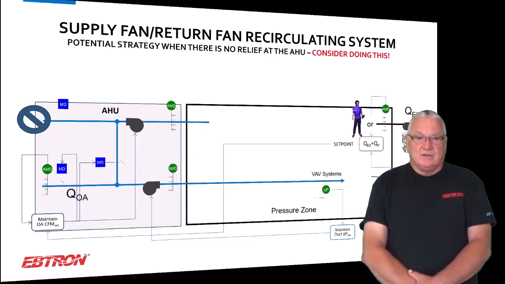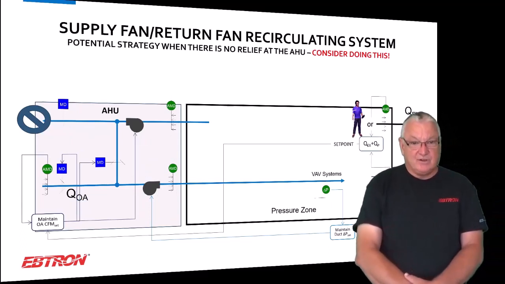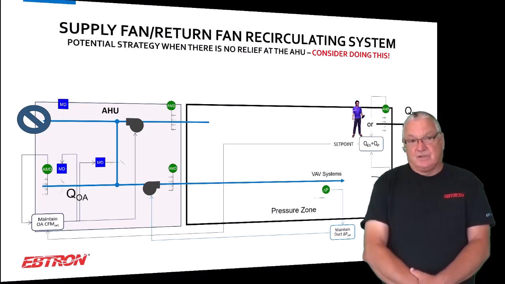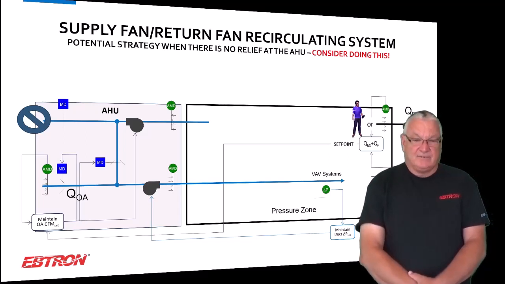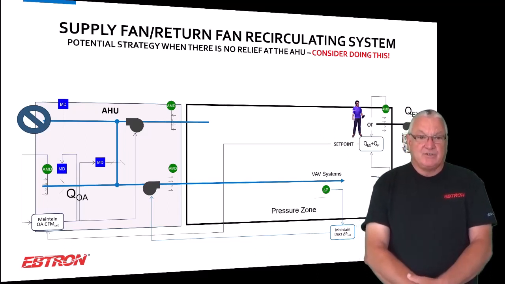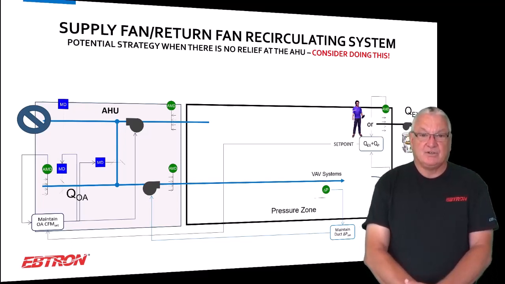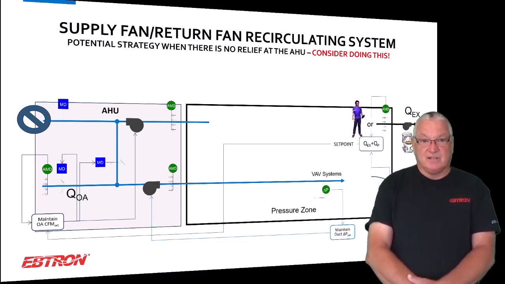What you want to do is, I call it, make the return fan your friend. And here I'm doing it with the outside airflow meter. You could have done it with the differential. It doesn't make any difference to me, except that the outside airflow measurement, even if it was 5 or 10% of reading, is typically more accurate than the differential of even plus or minus 2% flow meters.